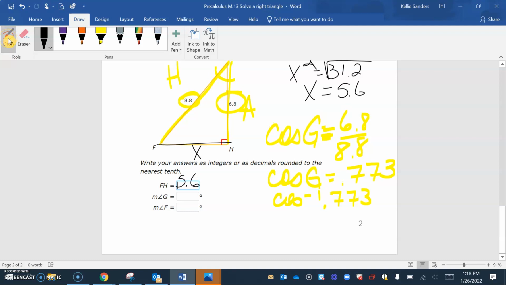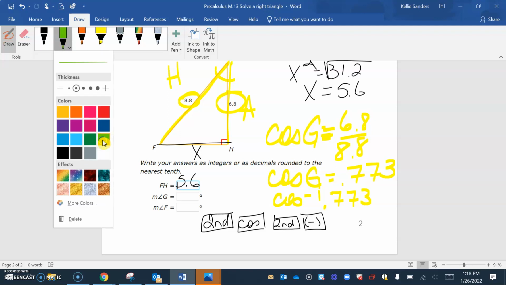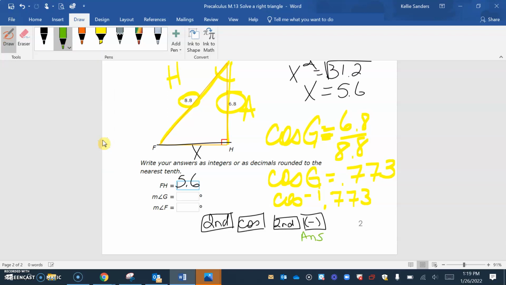So your keystrokes are going to be second cosine, second, and then this button. And this button on top of it says ANS.